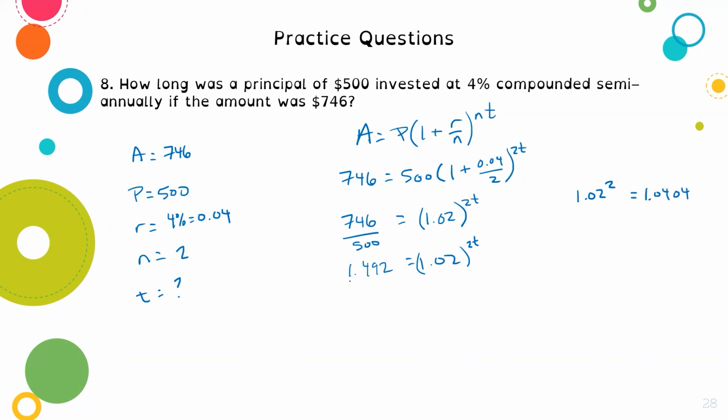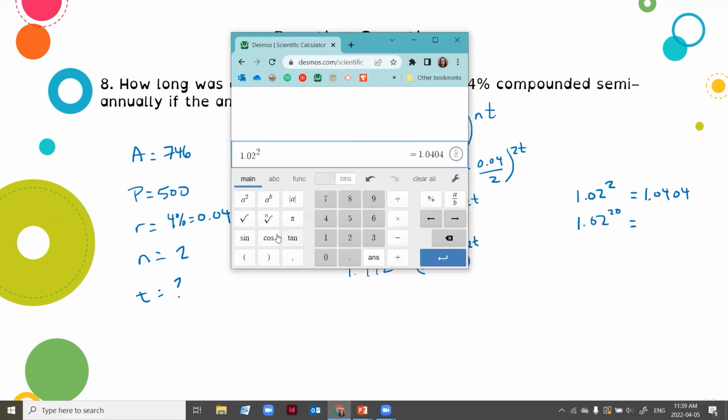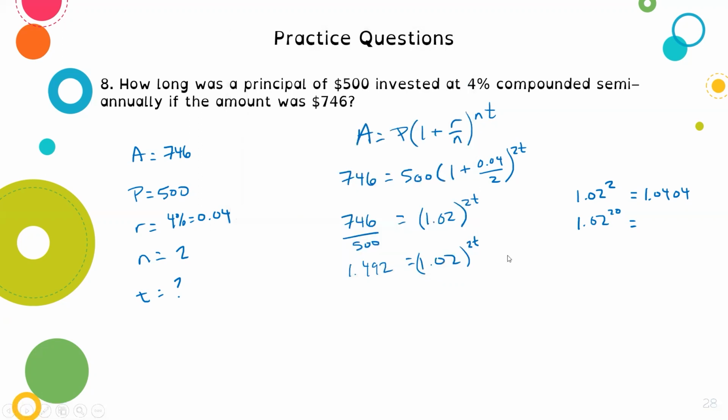And I want to get 1.492, so I need to increase by a lot. So I'm going to do 1.02 to the exponent 20, and that gives me 1.485, 1.486, which isn't quite right, but it's pretty close.